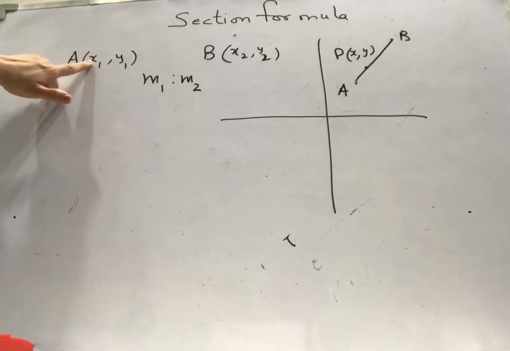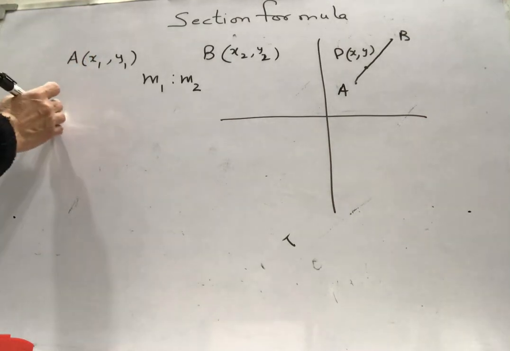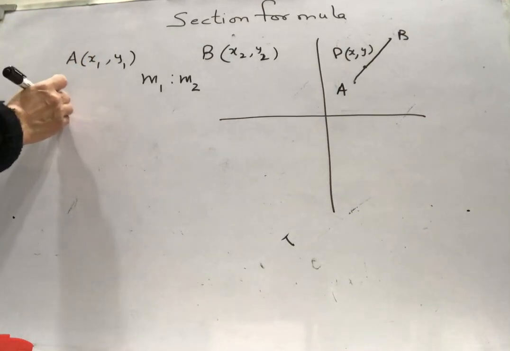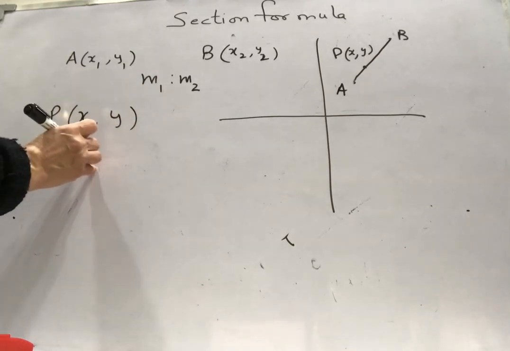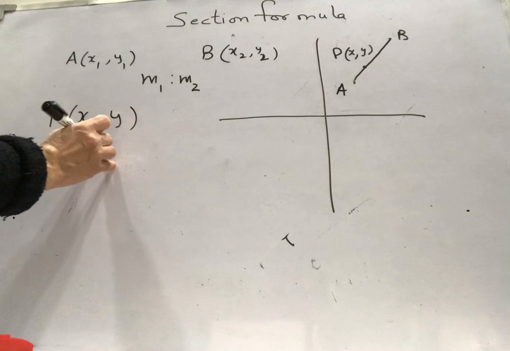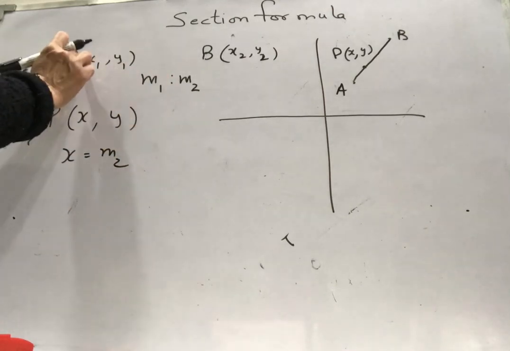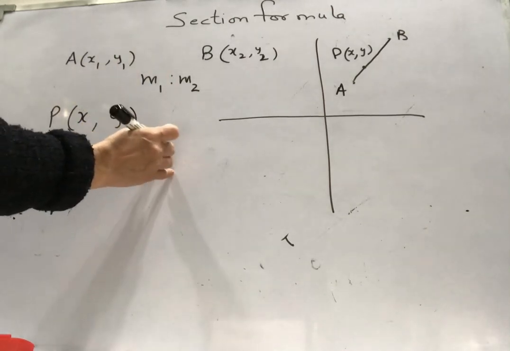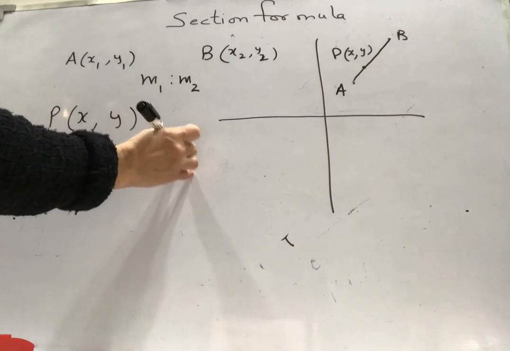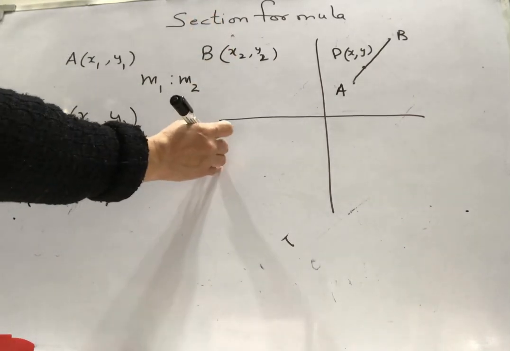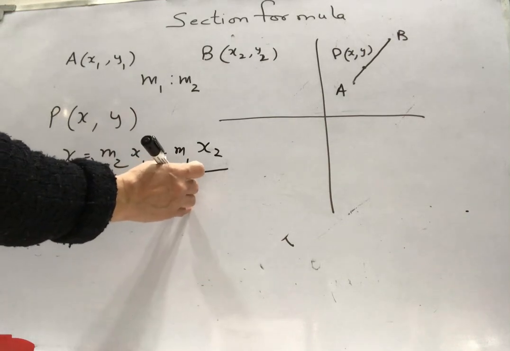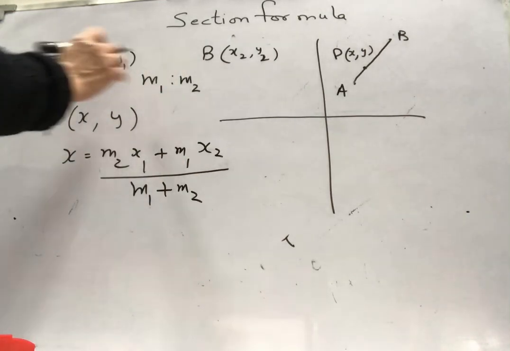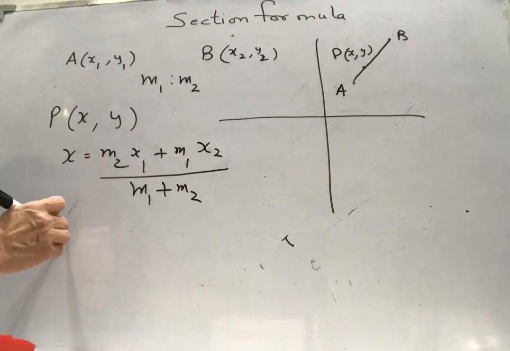m2 we multiply with x1. So coordinates of P, if I am taking x comma y, x will be m2 multiplied with x1, plus m1 multiplied with x2, and the denominator will be m1 plus m2. Let's talk about the y coordinate now.